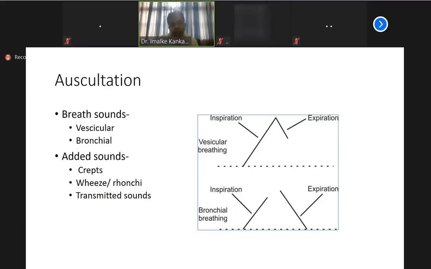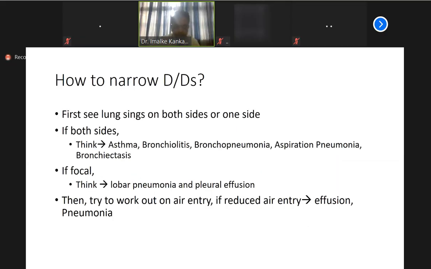You will hear reduced air entry because reduced air entry in a child on one particular side could be due to two reasons. One is effusion, one is lobar pneumonia. To differentiate that, percussion is important, right? How to narrow differential diagnosis.